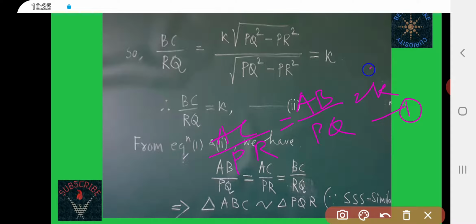Now the ratios are also equal to K. So here from equation 2 also we are getting K, so this is equal to this.